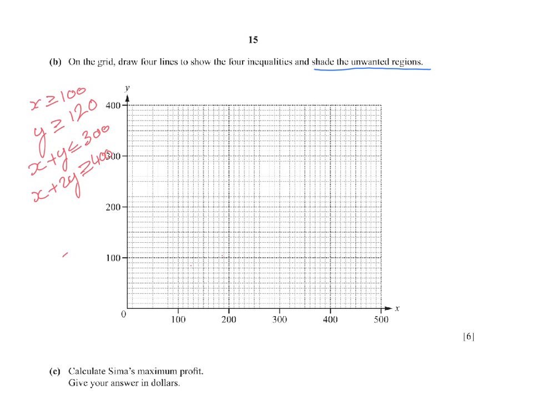X bigger or equal to 100. That is the vertical line over here. X equals 100. So this one. Now I can just draw the line because it is bigger or equal. The equal makes 100 also part of the solution. So you can just draw the line. If it would be x bigger than 100 or x smaller than 100, then you have to draw a dotted line.